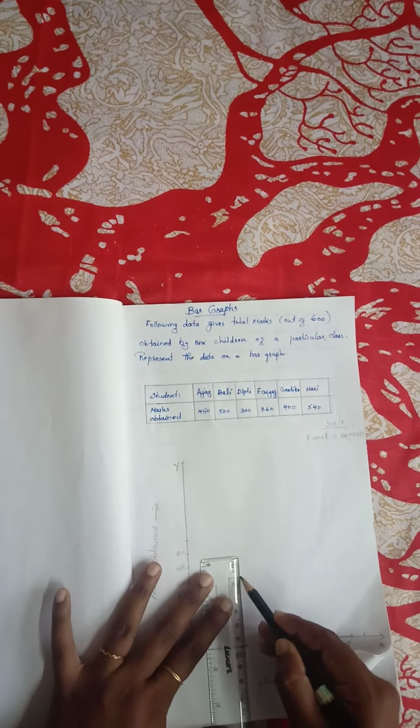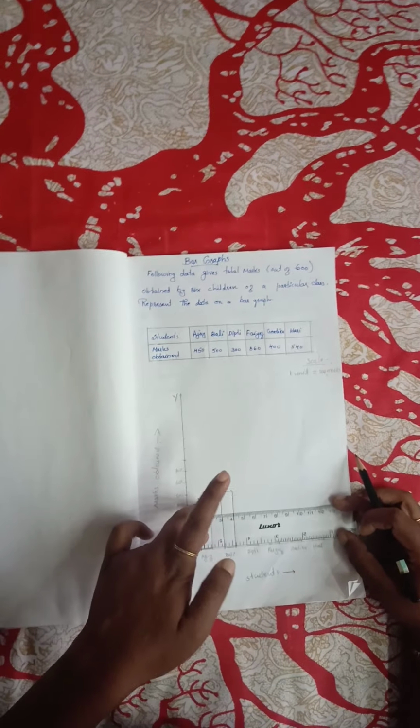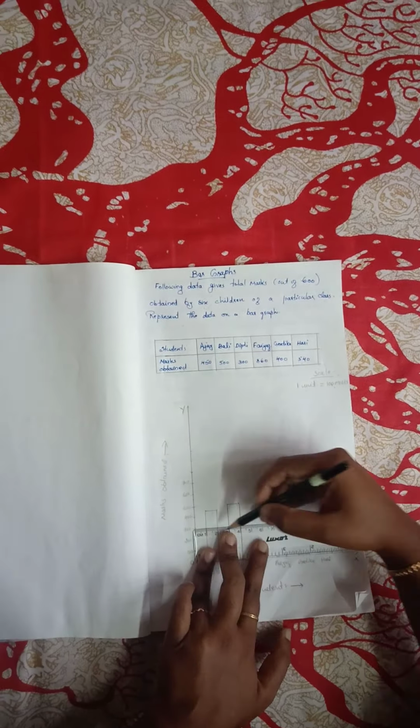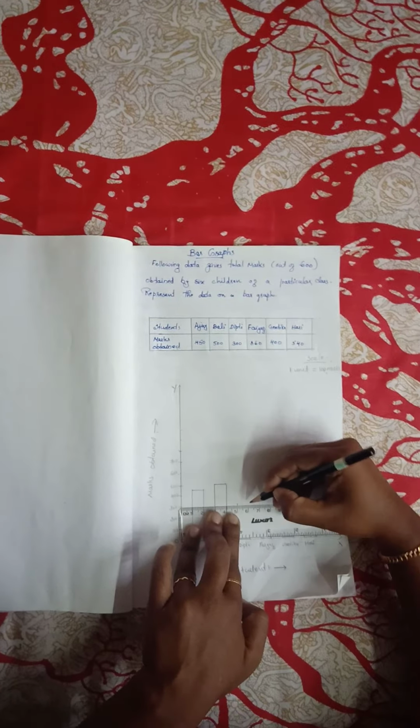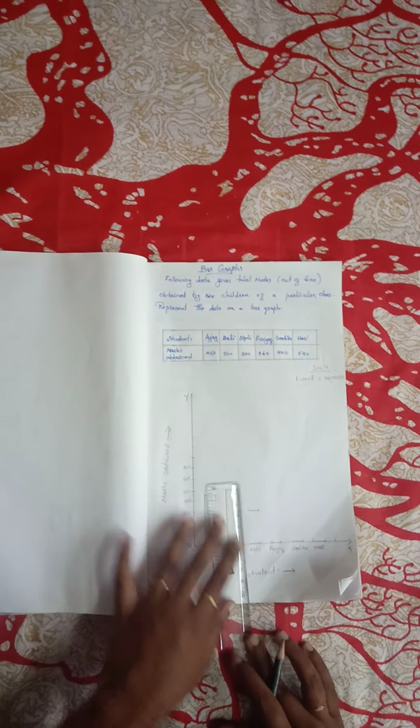Next one, Deepthi, 300. So taking 300 to here, 5 and 6 will be joined at 300.